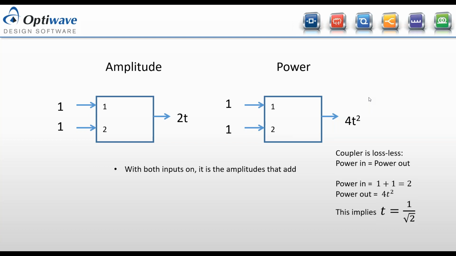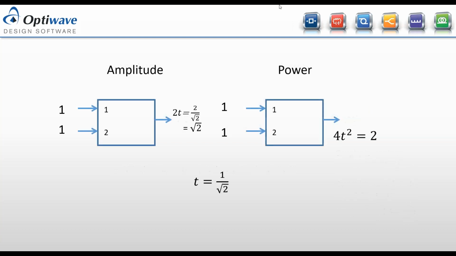So this works well when we've got both inputs on. Oh yeah, so in here I've just taken the T and plugged it in. So with both inputs on, we got 2T on the outside, which is root 2, and we did observe an amplitude of the square root of 2 when we had the two inputs on.